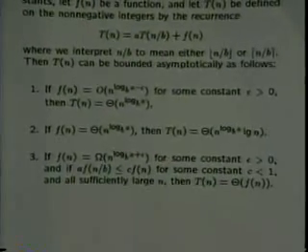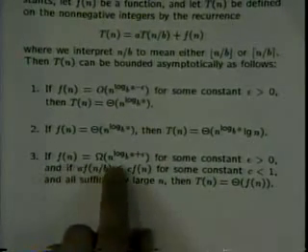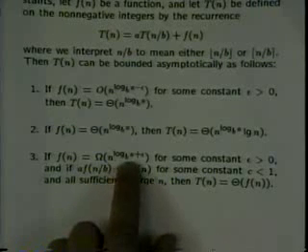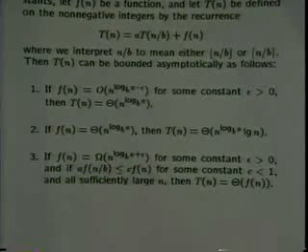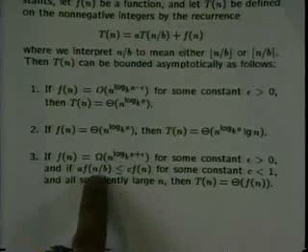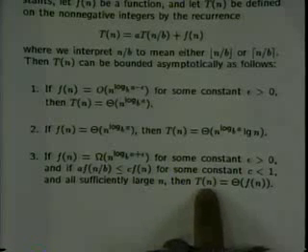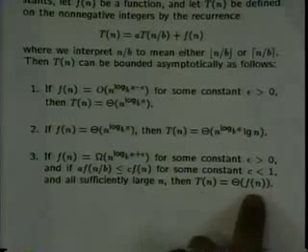If f of n grows bigger than this bound, which is n to that constant plus some constant, if it grows faster than that, and if some other technical stuff holds, then the value of this recurrence is theta of that function.